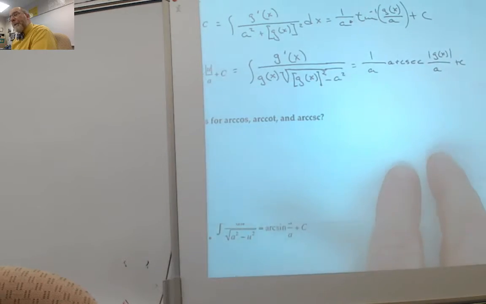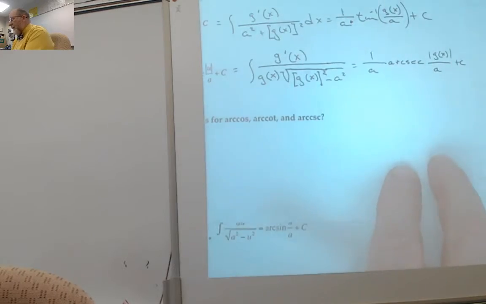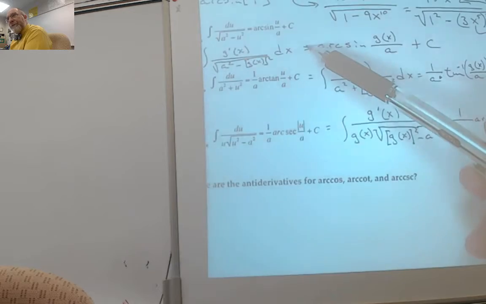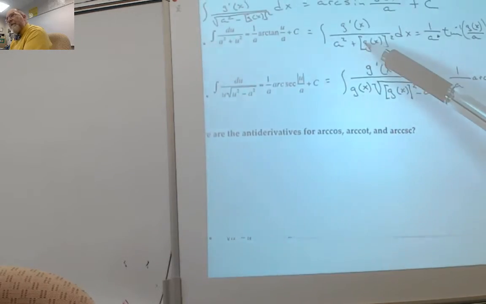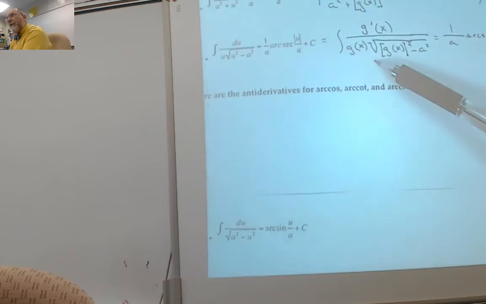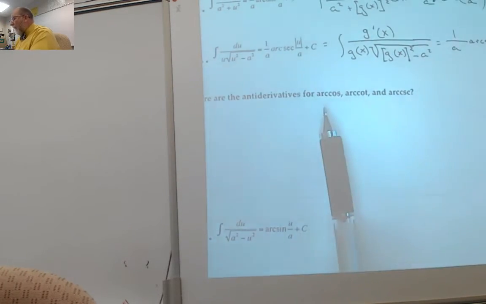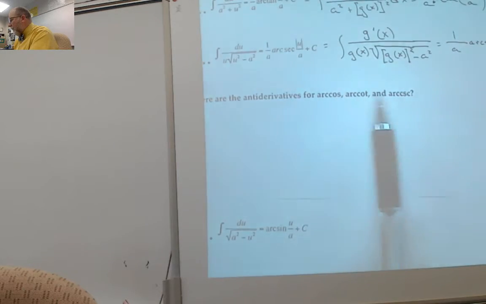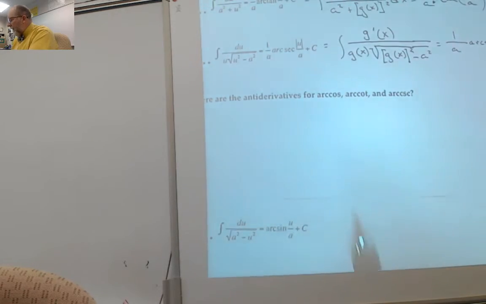If I had to pick probabilities for which one you would get, it'll either be 97.5% this, 97.5% this. I'm not a big fan of secant, so 30% chance of this. Now, why are there no antiderivatives for arc cosine, arc cotangent, and arc cosecant?